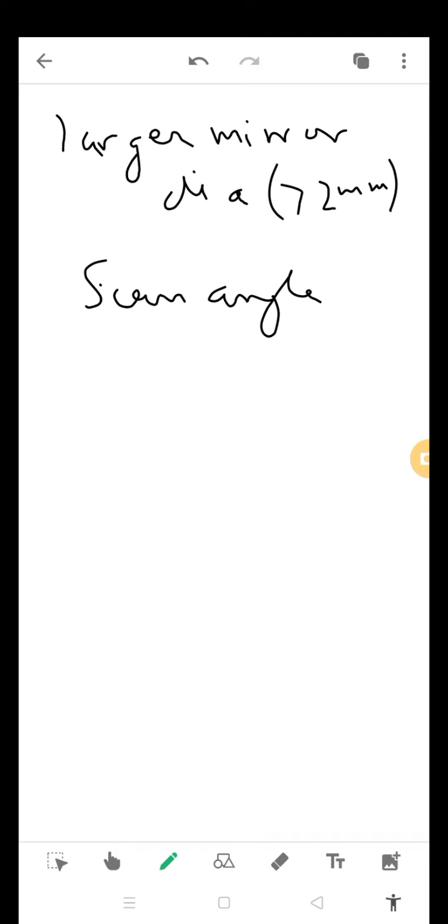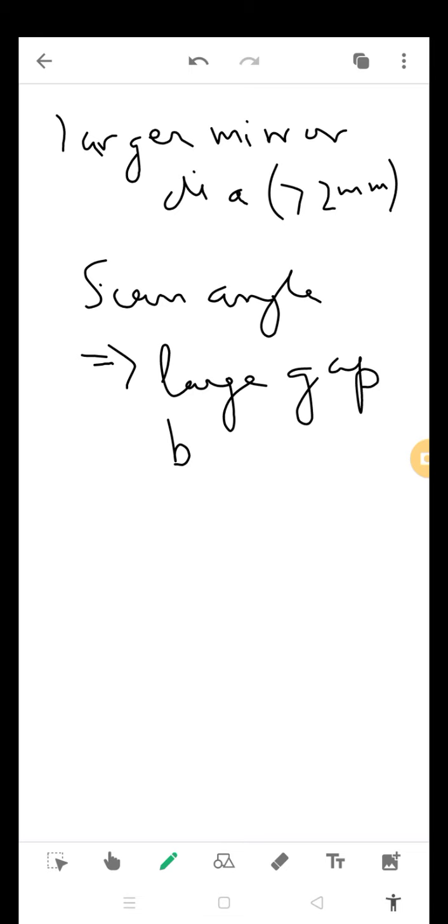The scan angle actually leads to a large gap between electrodes. It's very easy to understand.